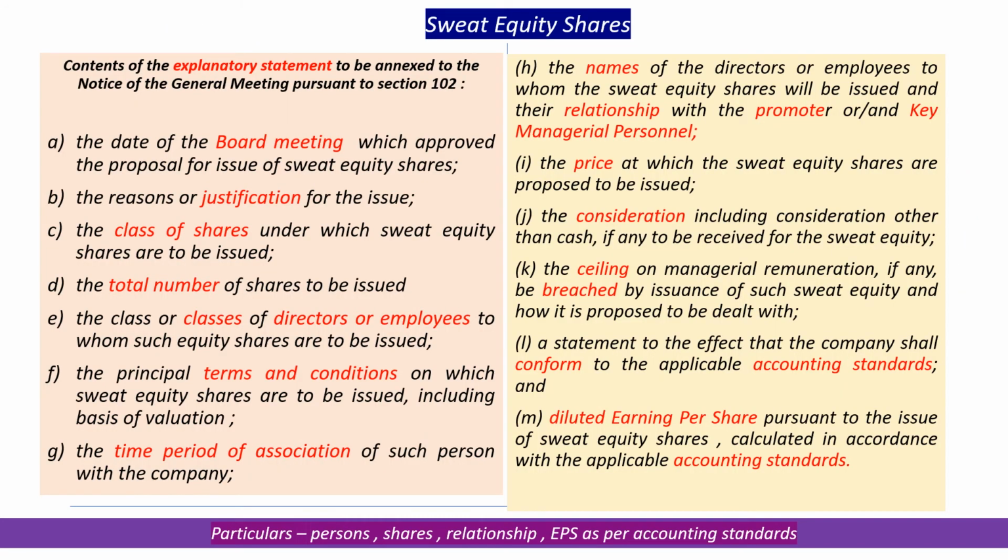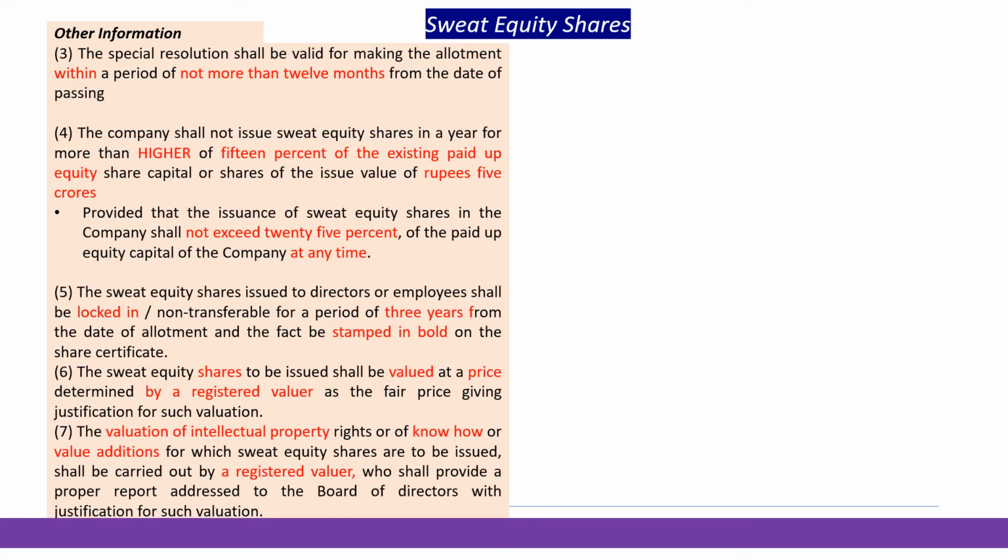Now, this is the summary of how the explanatory statement has to appear. As we have seen, this has to be reflected in terms of certain other additional conditions also. Once you pass a special resolution, it should be implemented within the next 12 months.